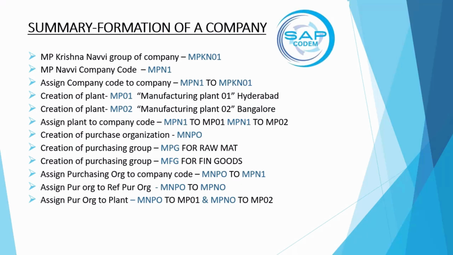As a summary, what we did: we created Krishna group of companies. We created the code MPKN01. Then under that we created different sector companies, maybe automobiles. Later on we can map it. We can consider this is open. We organized it in such a way that later on you can map this company with any industrial sector.